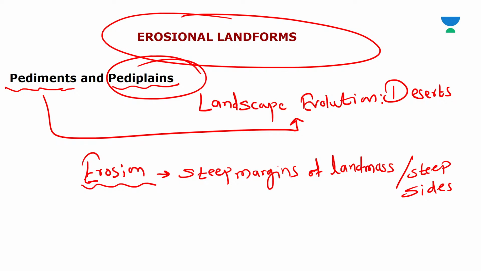Now, playas. So basically, plains are by far the most prominent landforms in the deserts, in basins with mountains and hills around and along.